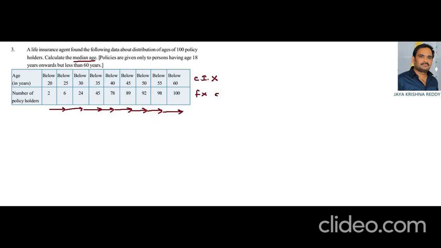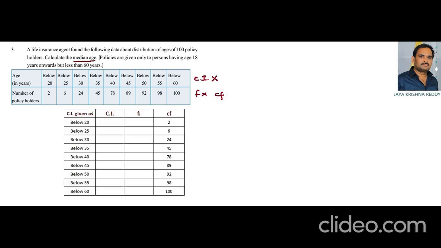So the second row values are nothing but cumulative frequency values, not frequency values. So these columns are given in the question. The second row is the cumulative frequencies. From the first row, given as below 20, below 25, from this we have to write the class intervals.